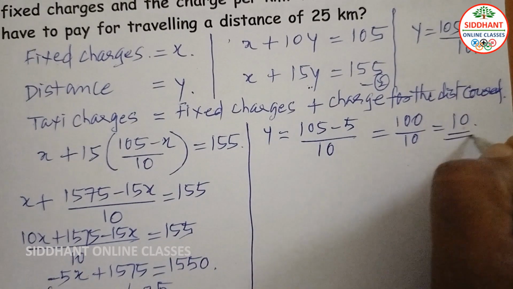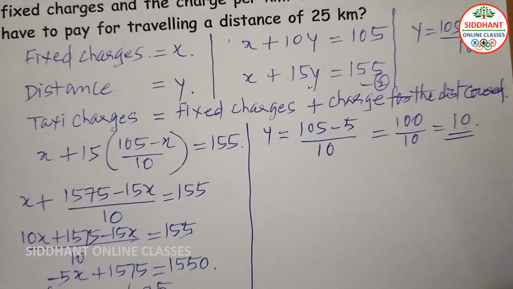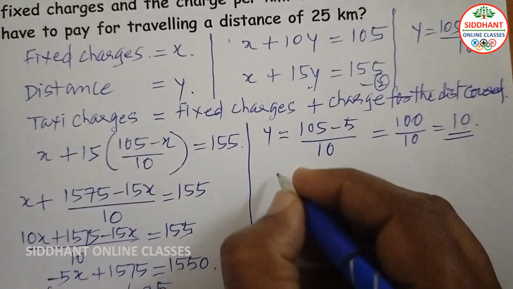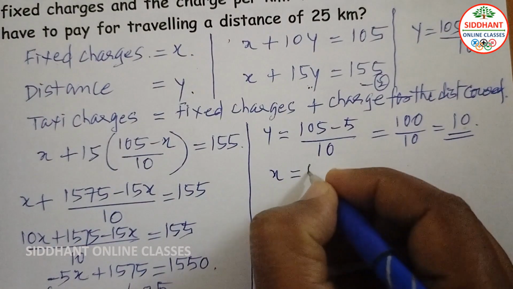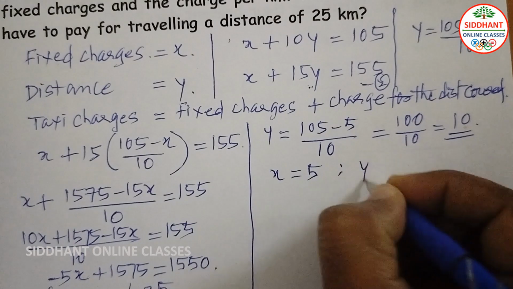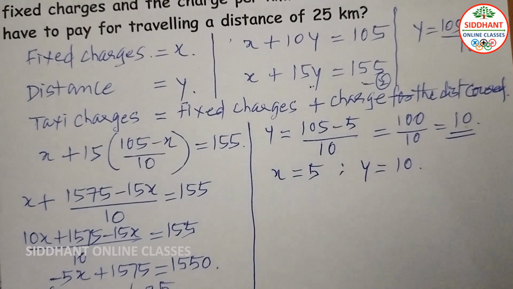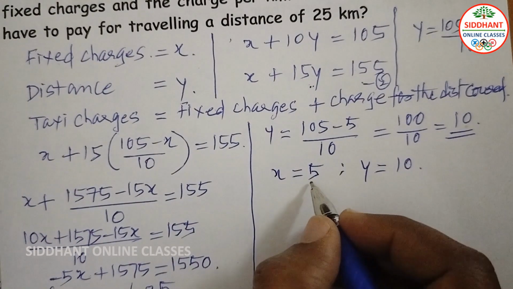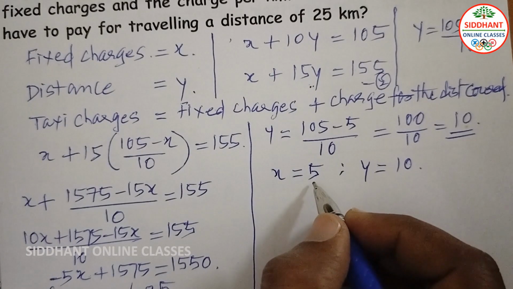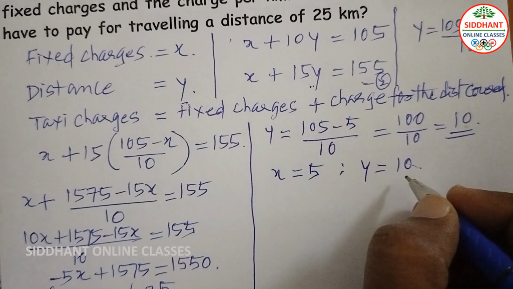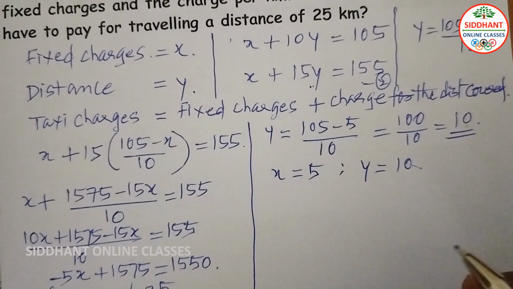So y equals 10 here. Now x is 5, y equals 10. That means fixed charge is x, that is 5, and charge per distance y is 10 here.